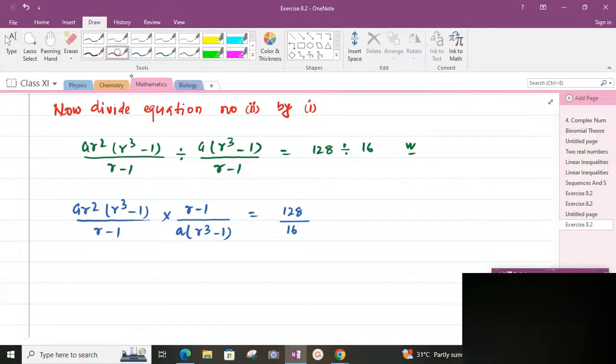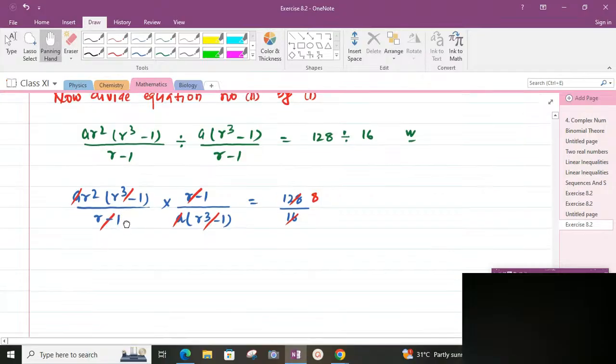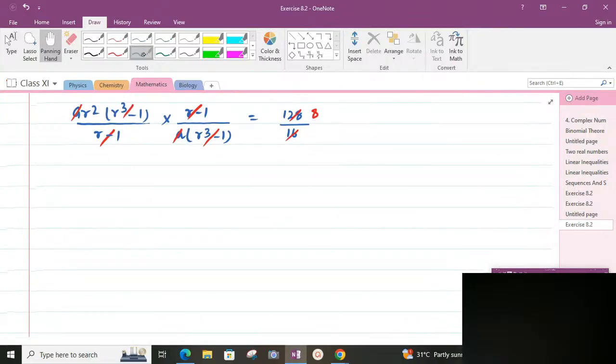So let's see, we cancel out R minus 1, R minus 1, A, R cube minus 1, R cube minus 1, and 16 into 8 is 128. So the next step here will be R square equal to 8.